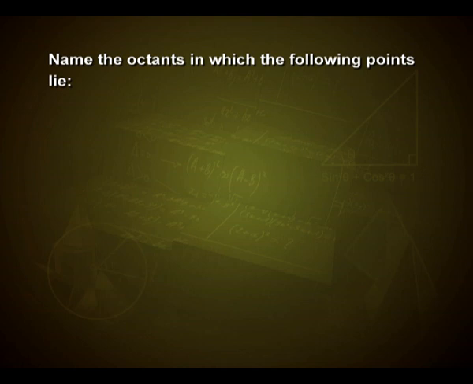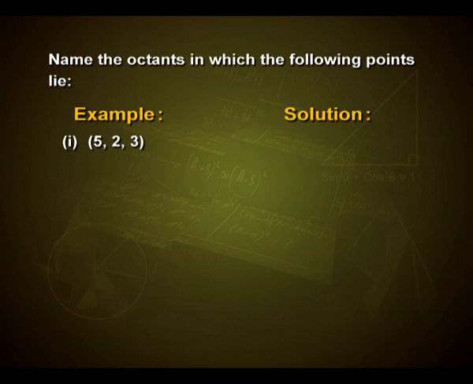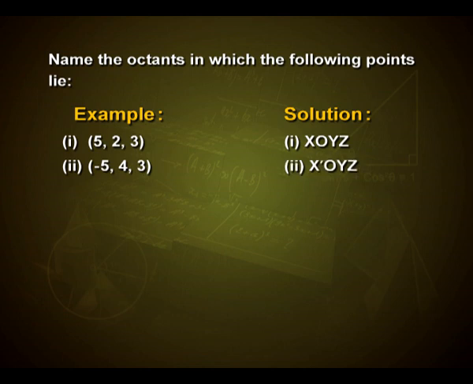Let us look into one more example. Name the octants in which the following points lie. The point 5, 2, 3 lies in the octant XOYZ. Same way, -5, 4, 3 will lie in the octant X'OYZ.